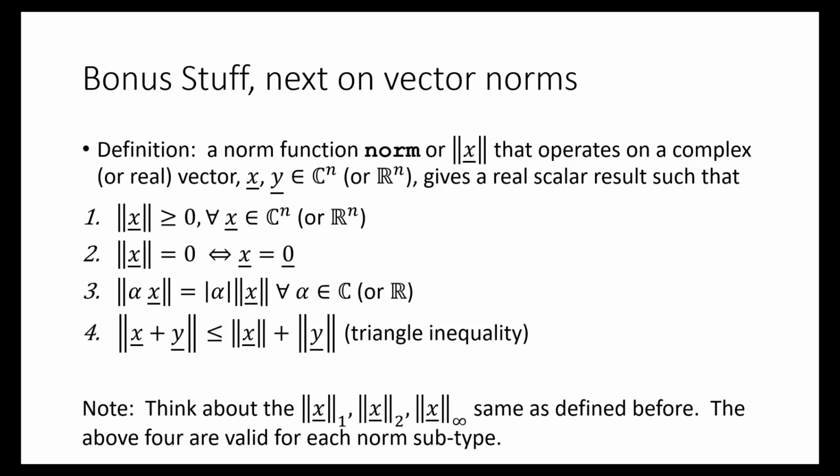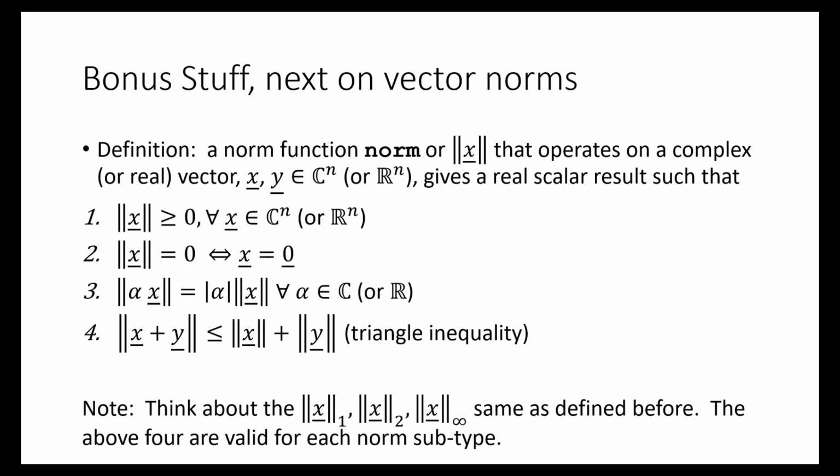So notice how what I just showed you on absolute values for scalars, complex or real, sort of looks like this norm for vector norms. So I'm going to define a norm function, which is the double vertical bars now. It operates on a complex or real vector, and that's going to come as either complex n-dimensional space or a real n-dimensional space.